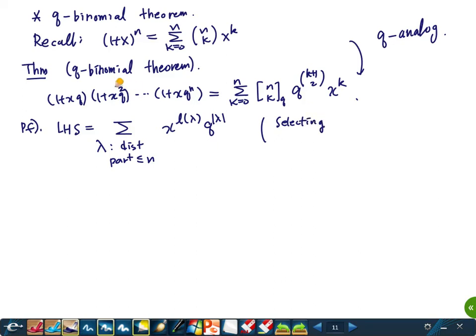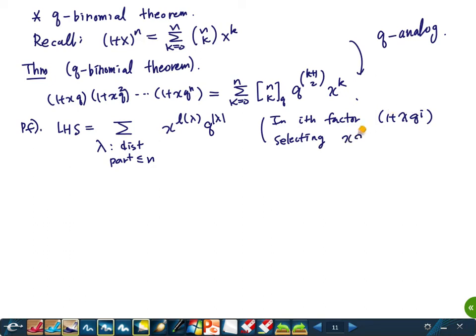So imagine the i-th factor, 1 plus x times q to the i, right? You have 2 choices. In this i-th factor, 1 plus x q to the i, we have to select either 1 or x q to the i.